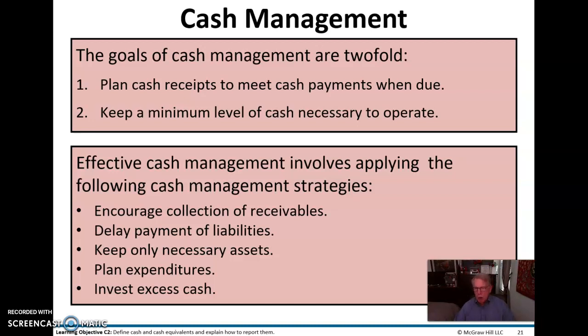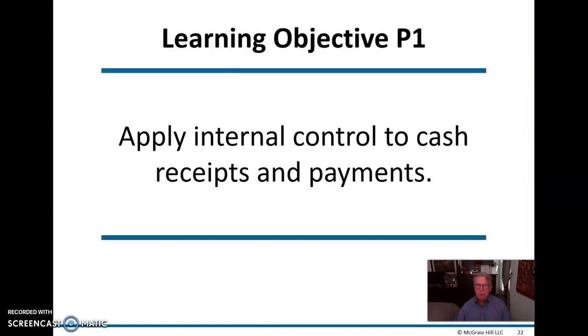So we want to encourage our customers to pay us quickly. To the degree we can, we want to delay our payment of liabilities and only spend money on the assets we absolutely need. We're going to plan our expenditures and invest, as I previously mentioned, our excess cash.